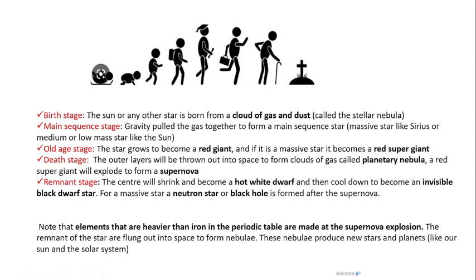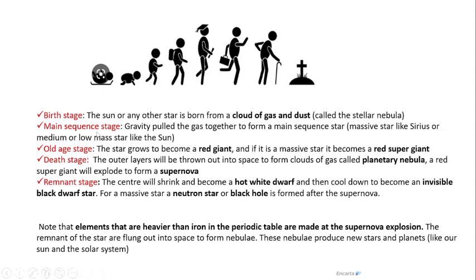Now, the birth stage. Like every other thing in the universe, the sun has a beginning and its end. For the birth stage, the sun or any other star is born from a cloud of gas and dust, which we call the stellar nebula.